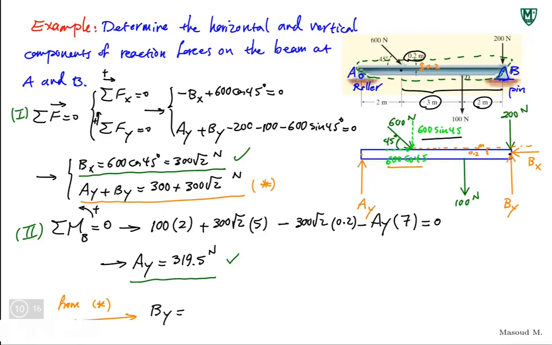BY would be 300 times (1 plus square root of 2) minus 319.5. This, if I did the math right, should give you 404.77 Newton. That would be BY.